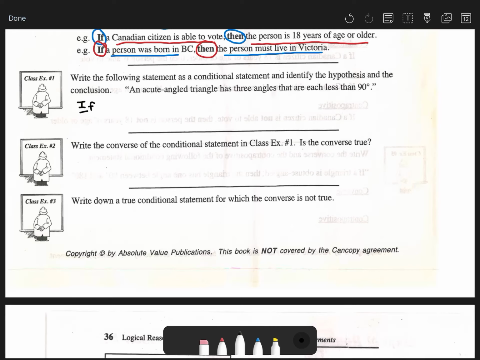It'll work like this: if a triangle is acute angled, then it has three angles that are each less than 90 degrees.